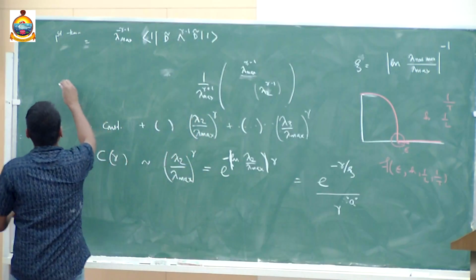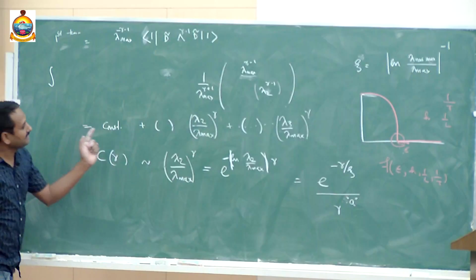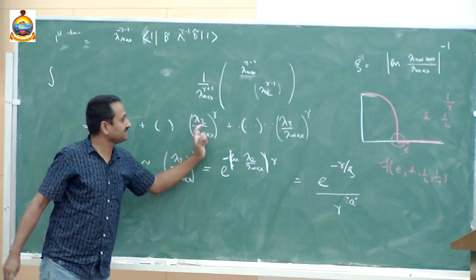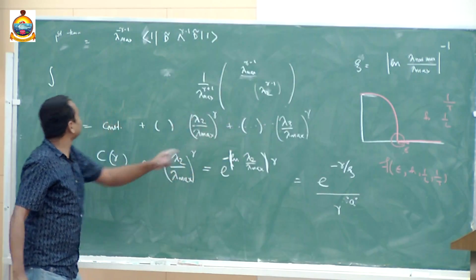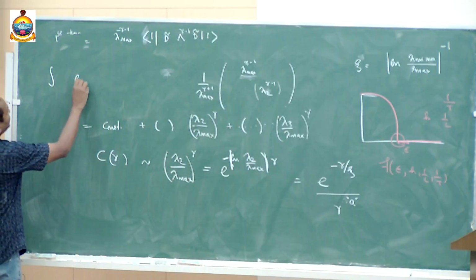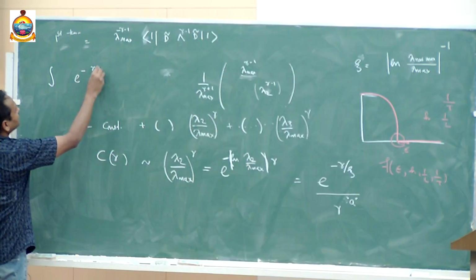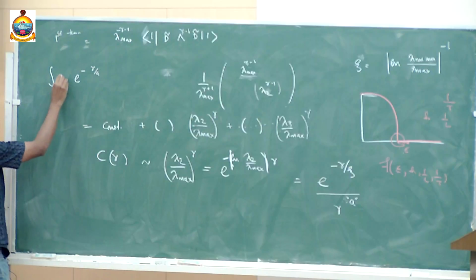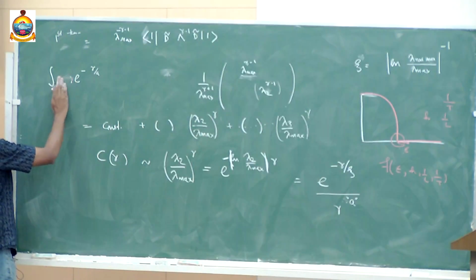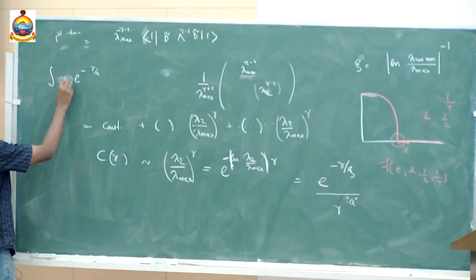So it's basically an integration: because it is continuous, next one and next one and next one, it will be something like an integral of e to the power minus R by A, with some coefficient S or something.